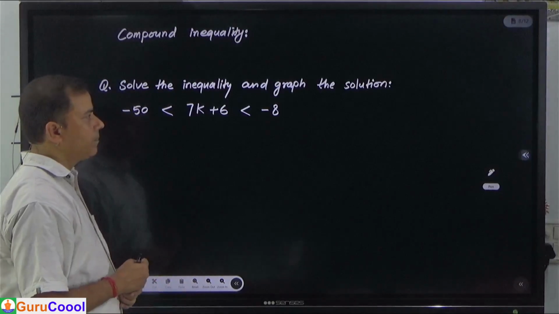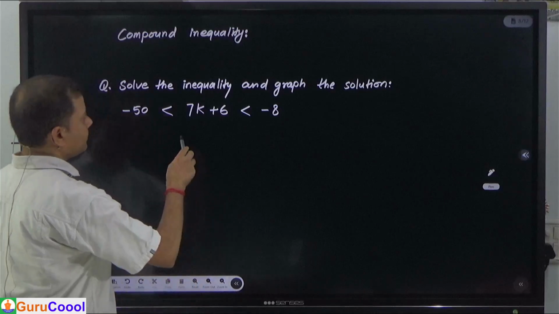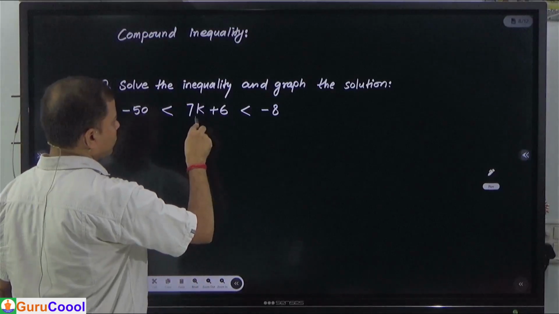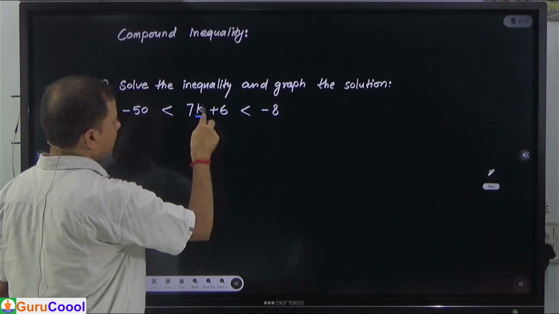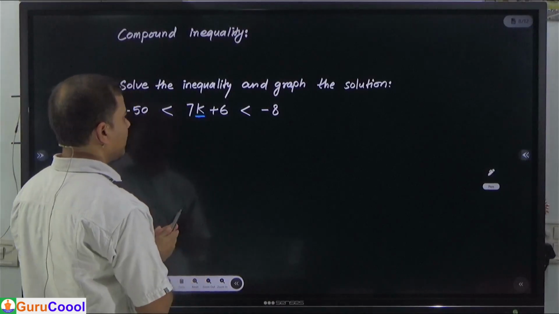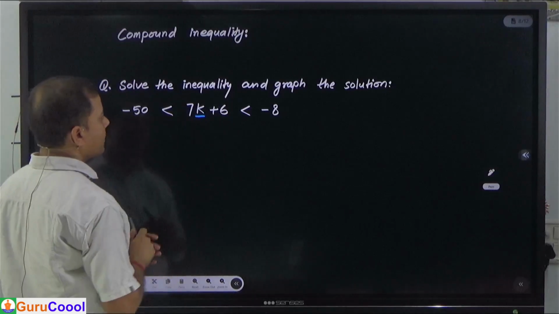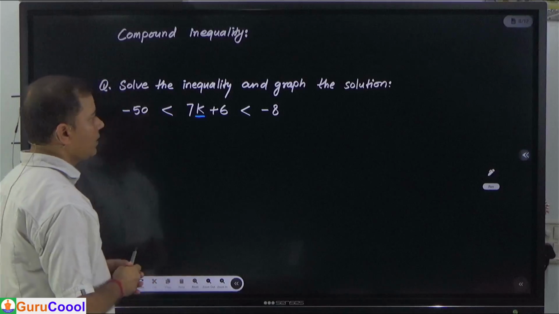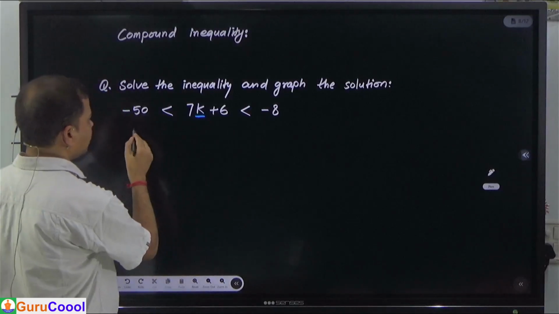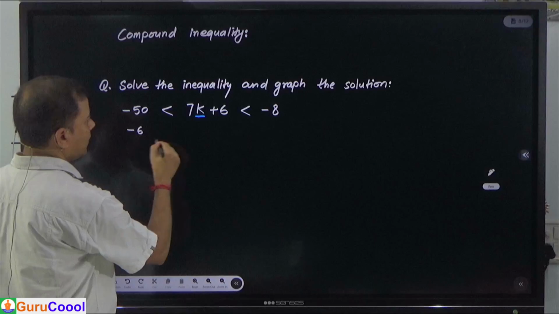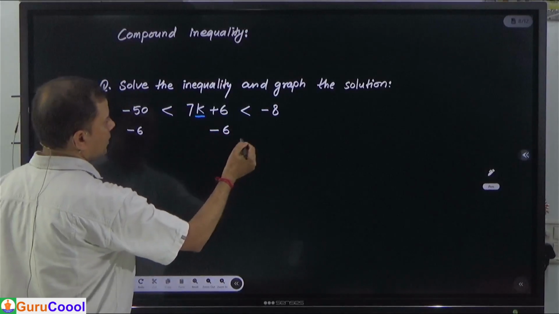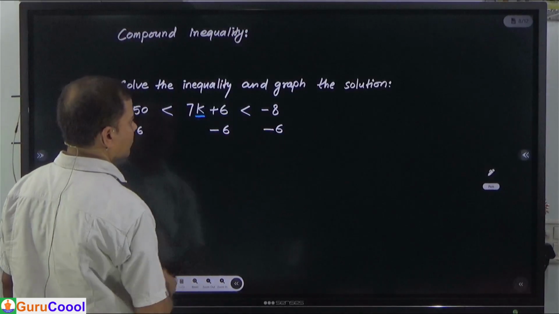How to solve it? To solve it, we have to keep k alone here. We need to remove 6 from here, 7 from here. How? First subtract 6. Subtract 6 here, here, and here also, in all 3.